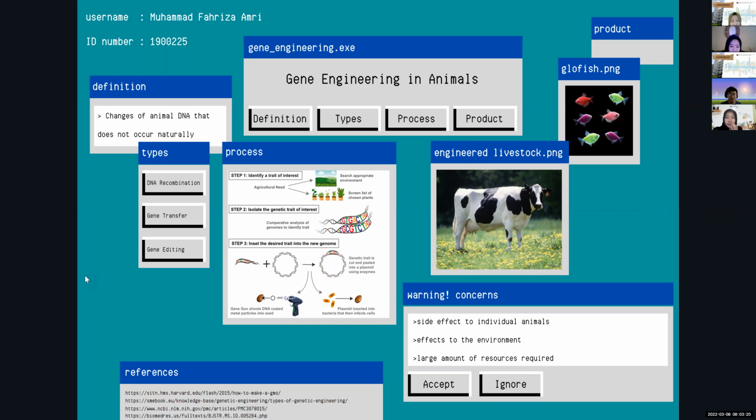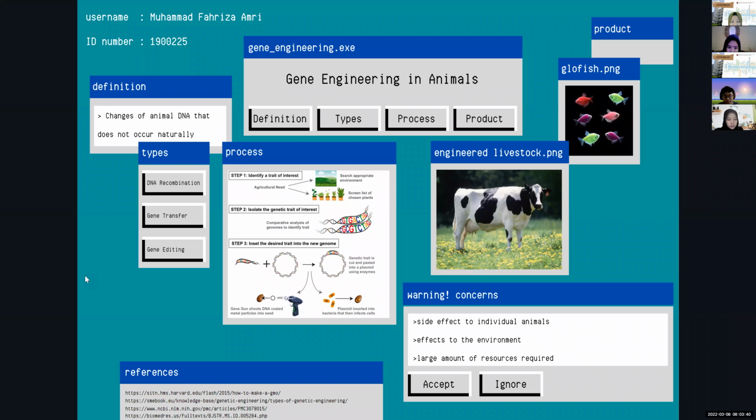You either turn off genes that can cause defective traits, and you turn up genes that are beneficial to the animal. And then you insert those chromosomes back, and you let the animal grow into a genetically engineered animal.